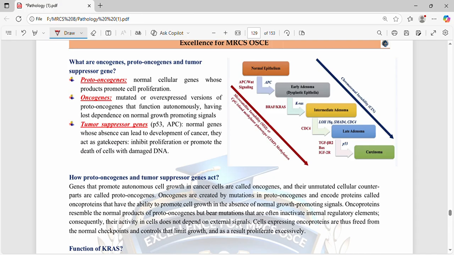Oncogenes are the mutated proto-oncogenes: mutated or overexpressed versions of proto-oncogenes that function autonomously, having lost dependence on normal growth promoting signals. Tumor suppressor genes, like P53 and APC, are normal genes whose absence can lead to the development of cancer. They act as gatekeepers, inhibit proliferation, or promote the death of cells with damaged DNA.